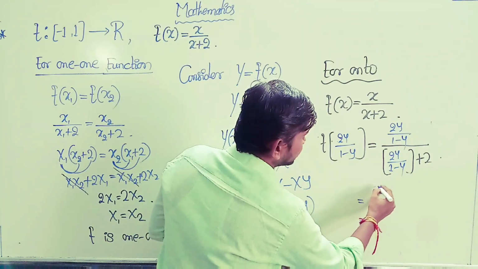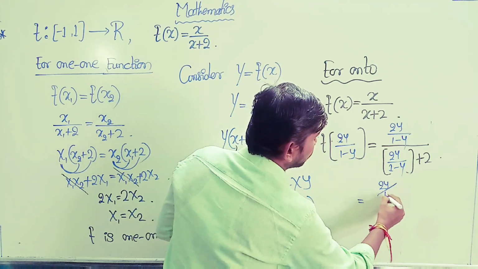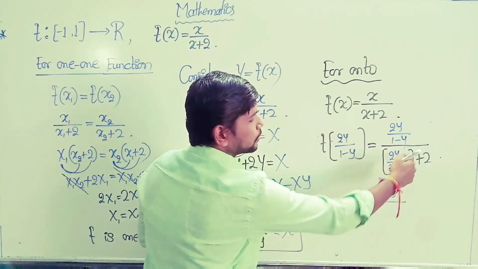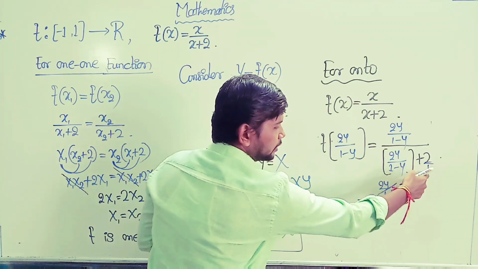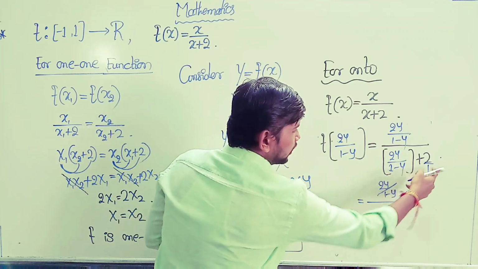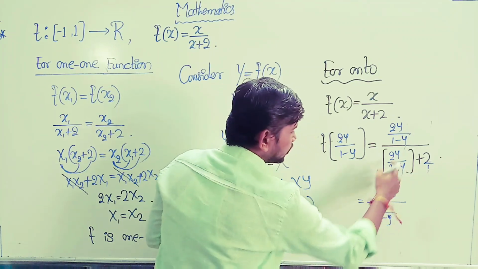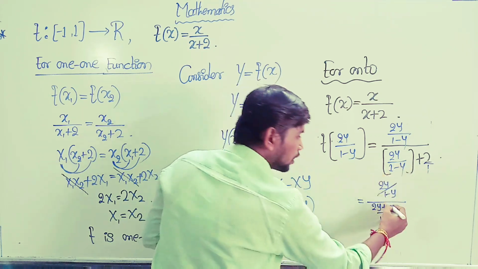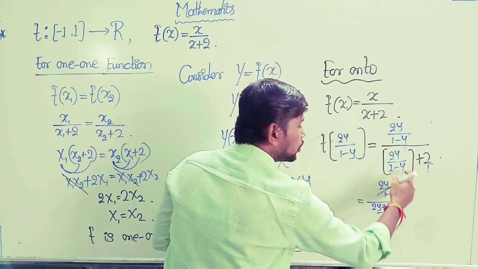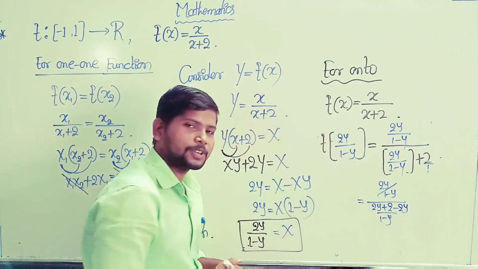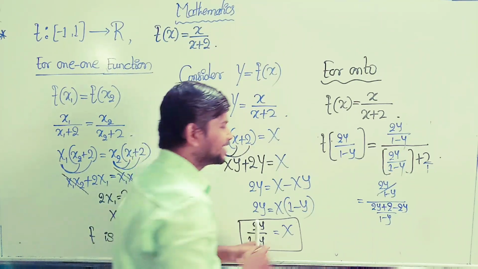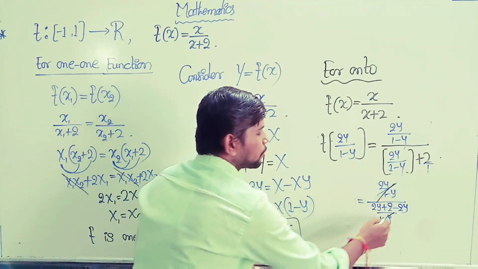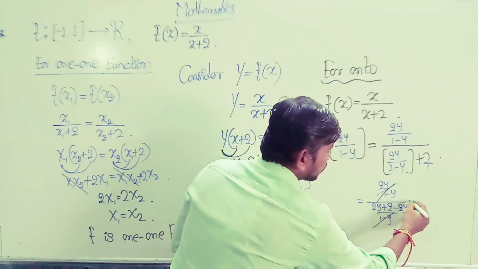Then what we have to do is numerator 2y divided by 1 minus y as it is. I like to take the LCM here. Here the denominator is 1. 1 minus y into 1 is 1 minus y. Here the numerator will be 2y plus cross multiple 2 into 1 will be 2 minus 2 into y will be 2y. Got the point clearly? Yes. 1 minus y cancelled. What about the remaining term?